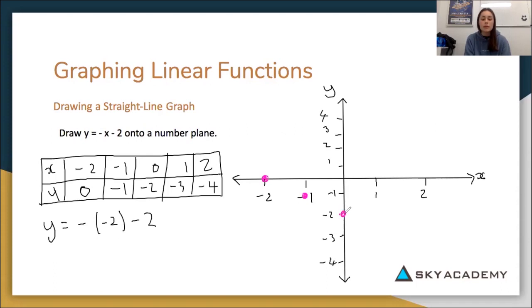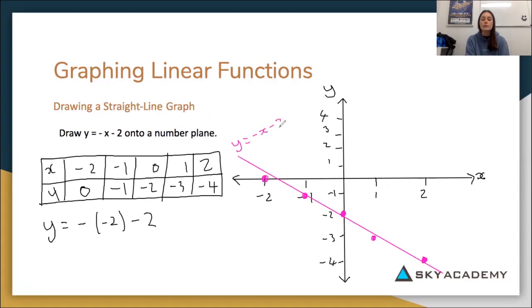Then we have 1 on the x and it goes down to -3, and then 2 on the x goes down to -4. So we can see that when I draw a straight line connecting these dots, it's going to go in the negative direction. So this is the straight line graph for y equals -x minus 2.